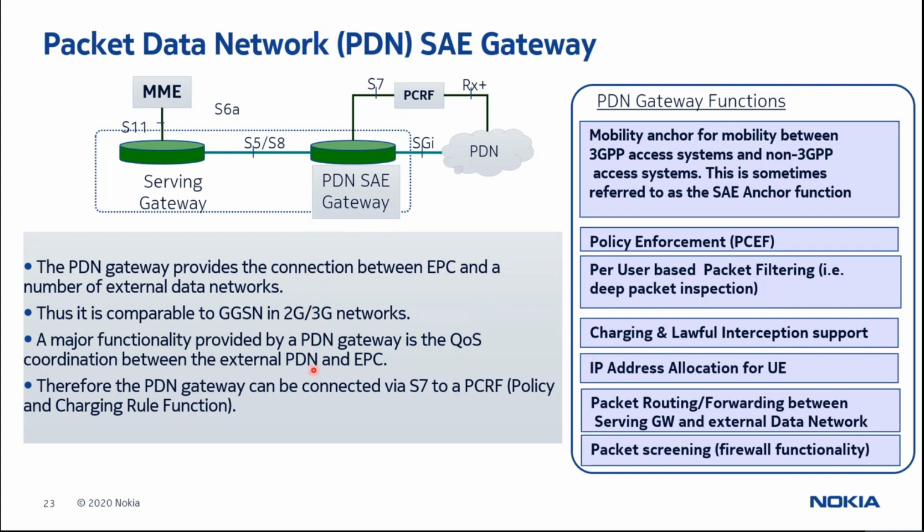So you have XYZ access points, and for each access point, you will have a subnet assigned. And among those subnets of IPs, one particular IP will be picked up, and it will be uniquely assigned to a user. And every user will have his or her own IP address assigned by the PDN gateway.